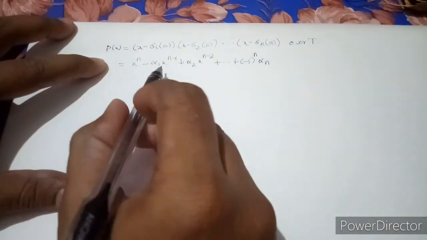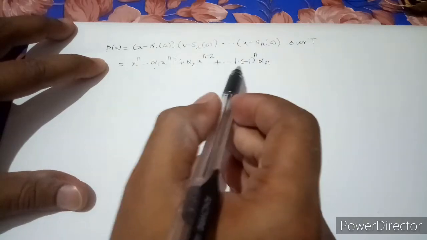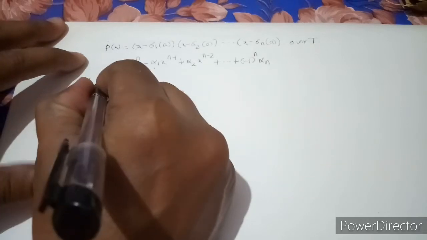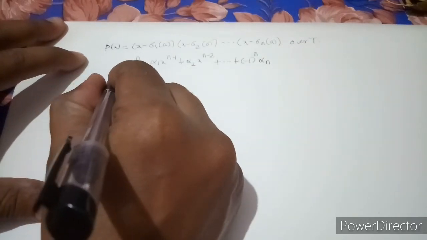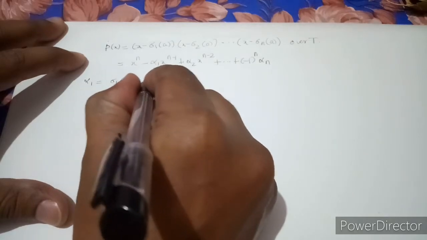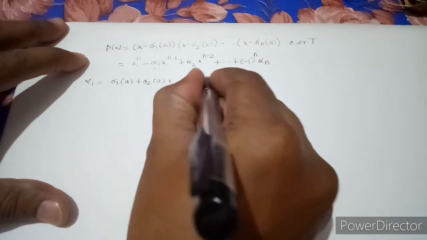As I have named these coefficients alpha 1, alpha 2, up to alpha n, I have to specify what their values are. So alpha 1 is equal to the sum of the roots: sigma 1 of A plus sigma 2 of A plus up to sigma n of A.